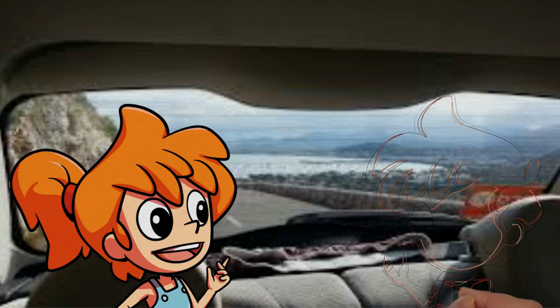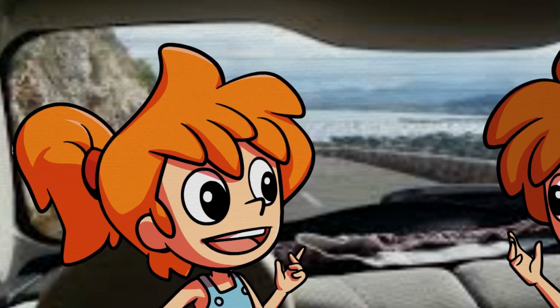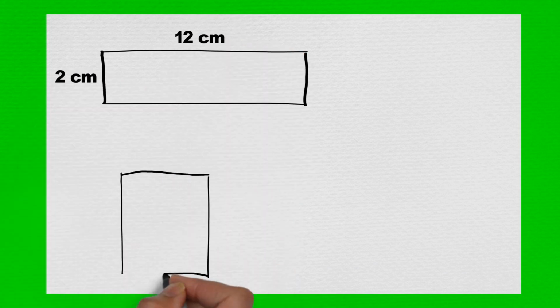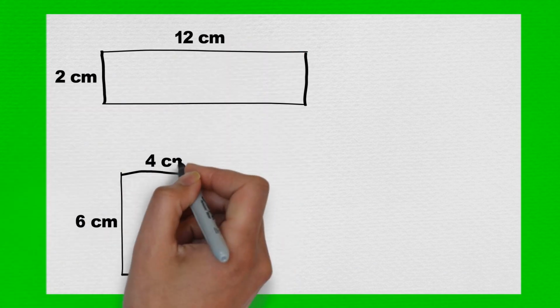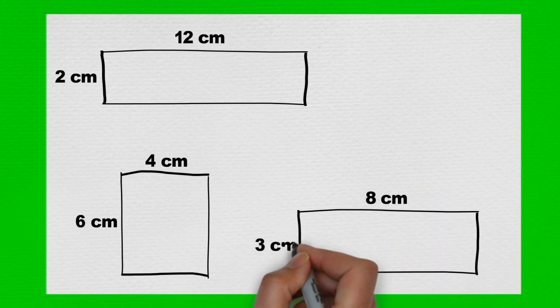On the way home in their dad's car, Min pulled out a piece of paper and a pencil, then said, "Max, I've been thinking about how some rectangles have the same area even though they have a different shape. Look at these 3 rectangles. 12 by 2 centimetres, 6 by 4 centimetres, and 8 by 3 centimetres.